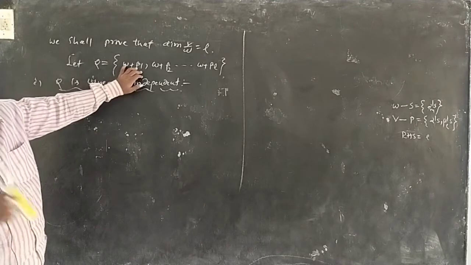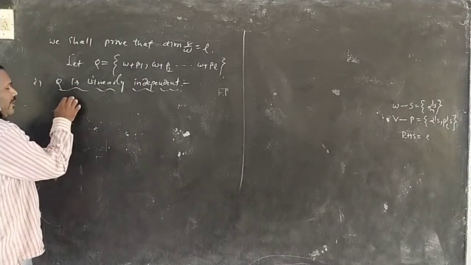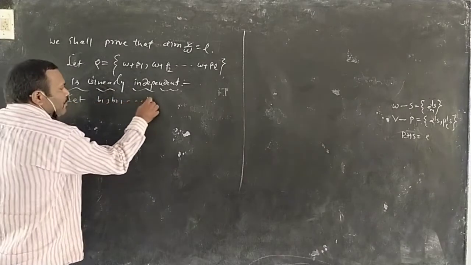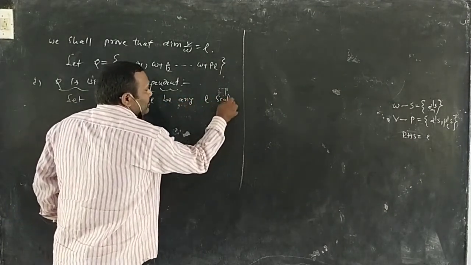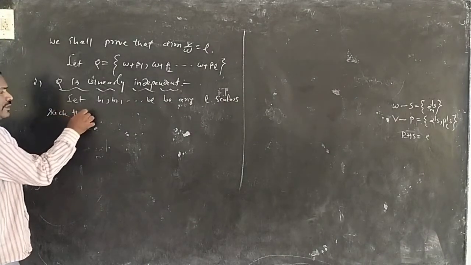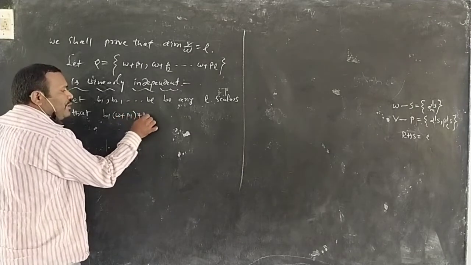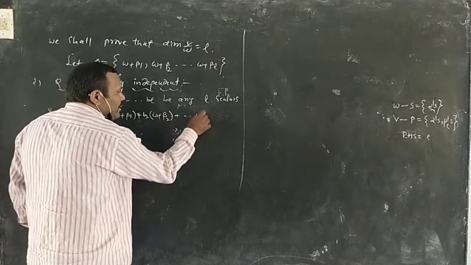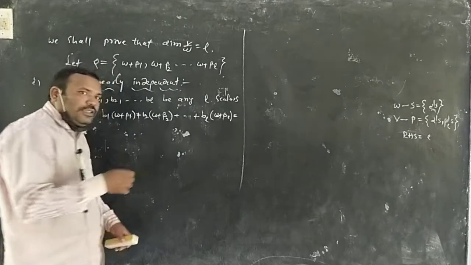Let us take L scalars and write the linear combination. Let B1, B2 and so on, BL be any L scalars such that B1 into W plus beta 1 plus B2 into W plus beta 2 plus and so on plus BL into W plus beta L equal to 0 bar.